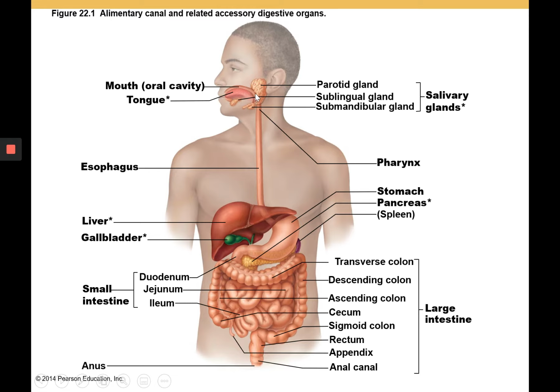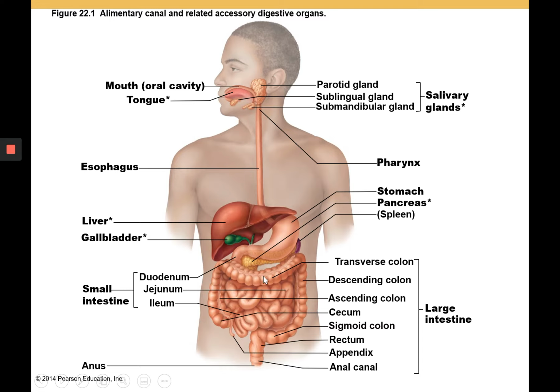The oral cavity is connected to the pharynx, which is connected to the esophagus, which is connected to the stomach, which is connected to the small intestine. The first part of the small intestine is the duodenum, the second part the jejunum, and then the ileum. So there's three parts to the small intestine, and we can see most of them medial to the parts of the large intestine, including the first part, the cecum, the next part, the ascending colon.